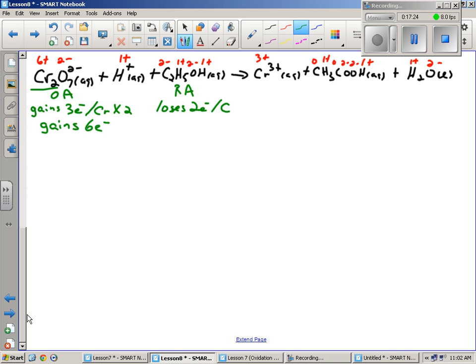So it is going up. Minus 2 to 0, it's going up. Means it's being oxidized, therefore it's my reducing agent. Okay? Going up by 2s. I have 2 carbons, so this here loses 4 electrons altogether. There's 2 carbons right there. Okay? Yes. Okay. Those are the first most important steps. After that, it's not too bad.